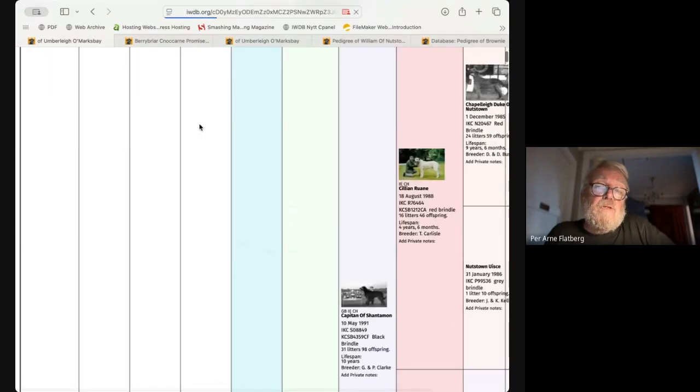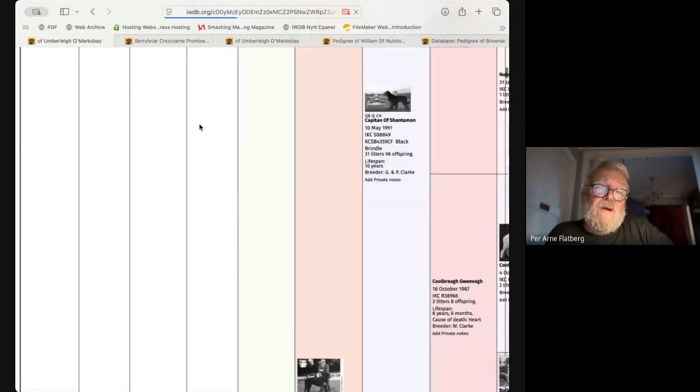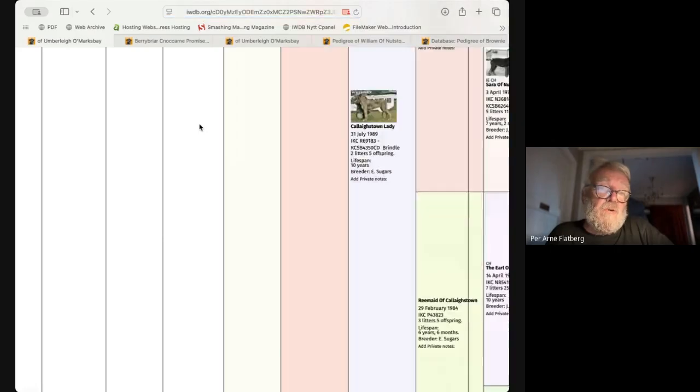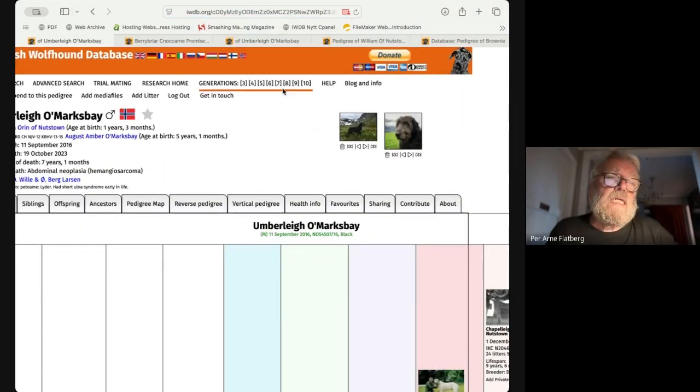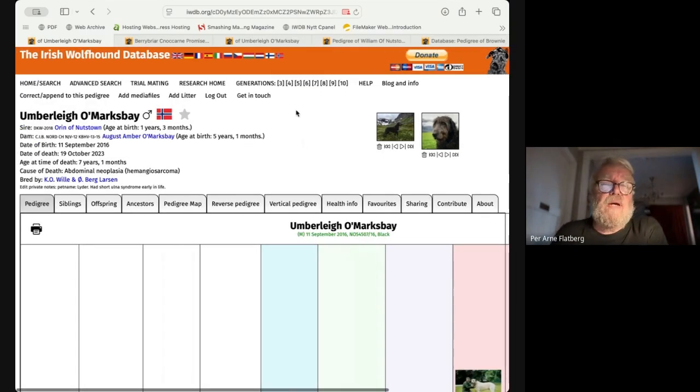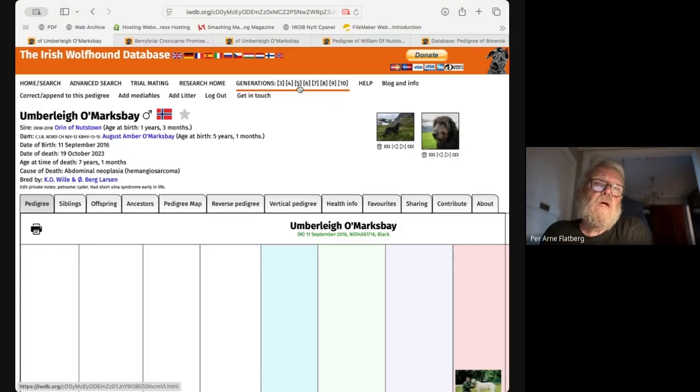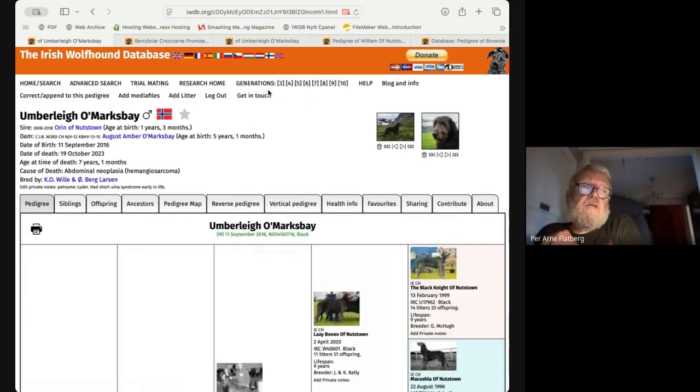With 10 generations, we have a very large number of dogs shown here, which makes it visually quite difficult to navigate. So I very rarely use that for navigation here, but I might do it for other parts of the database. I'll just switch back to 5, which is the basic number of generations.